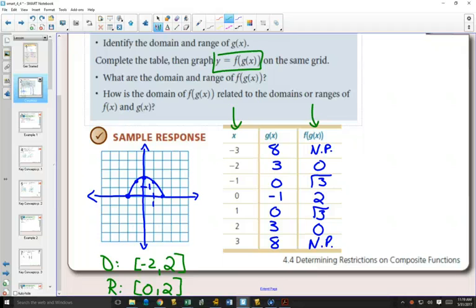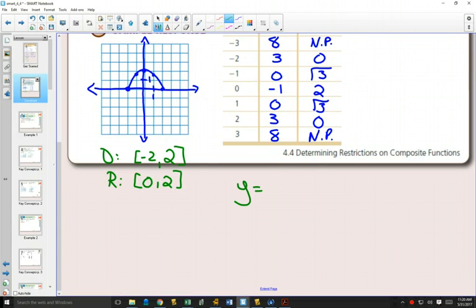The chances are that you're going to graph this using your skills from chapter 2. So here we just did a table of values. Now I'm going to show you algebraically how you would graph it and algebraically how you'd figure out the domain. So algebraically, what you would do is you would take this and you would write the explicit equation.